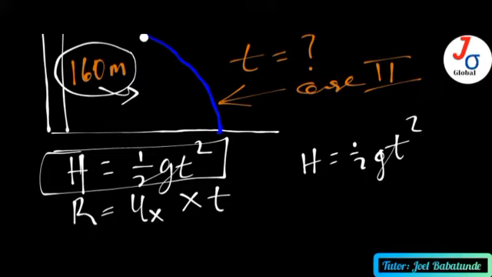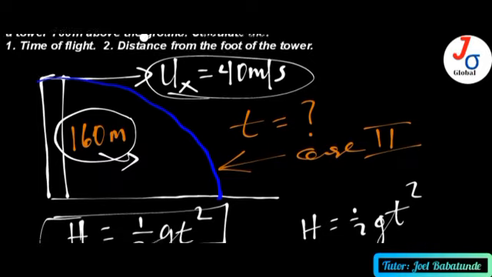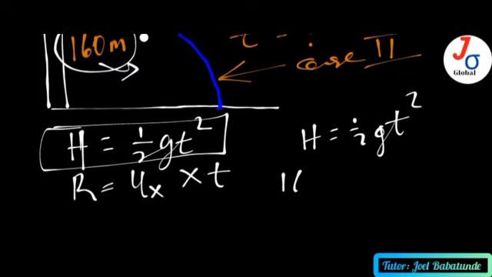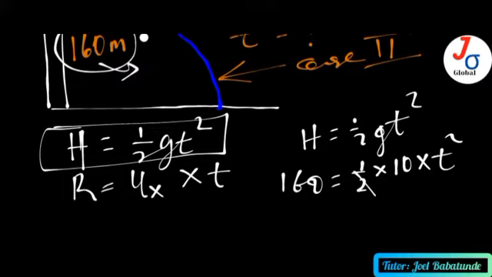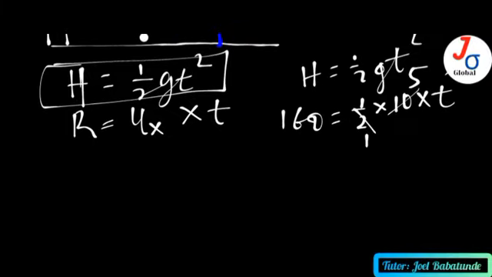So what's our h? Our height is 160 meters. That's 160 equals half times g, which they didn't give us, so we assume it's 10, multiplied by t squared. Half of 10 is 5, so 160 equals 5 t squared.